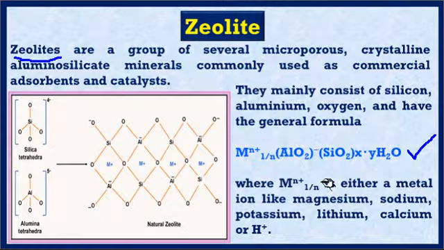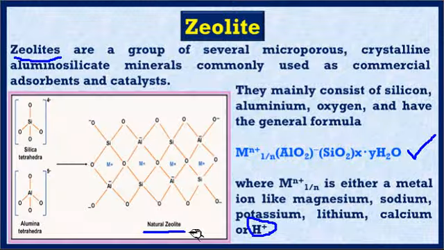where M stands for a metal like magnesium, sodium, potassium, lithium, calcium, or it may be H plus ions. The general structure of natural zeolite is shown in this figure.